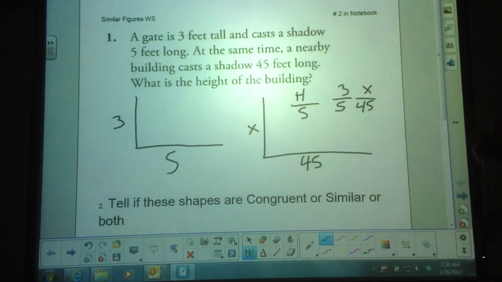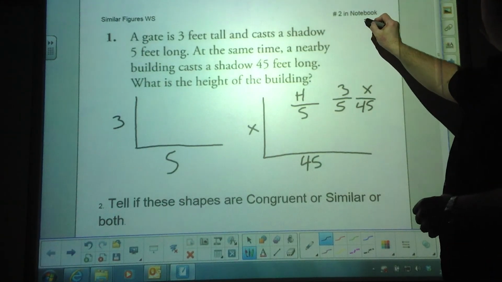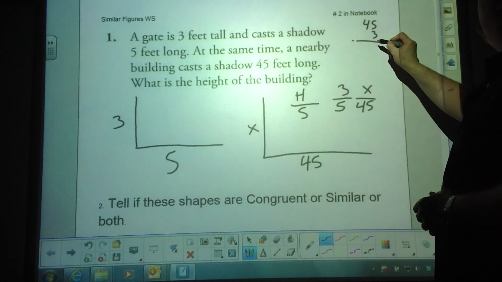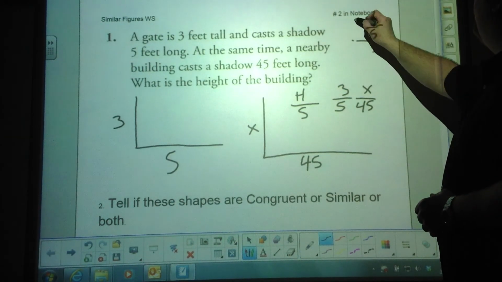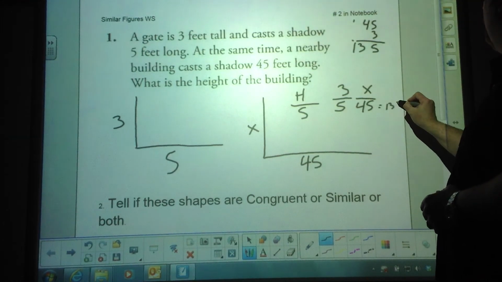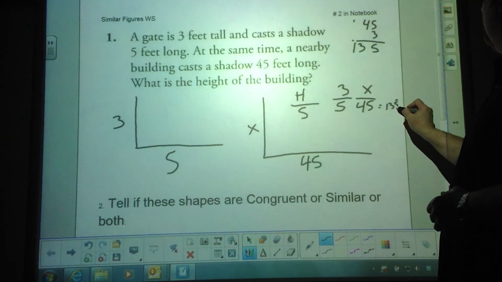Now all we need to do is cross multiply and set everything equal. So we would have 3 times 45, and I'll do that up here. 45 times 3, and that's going to come out to 135. When we cross multiply, forgive my writing.